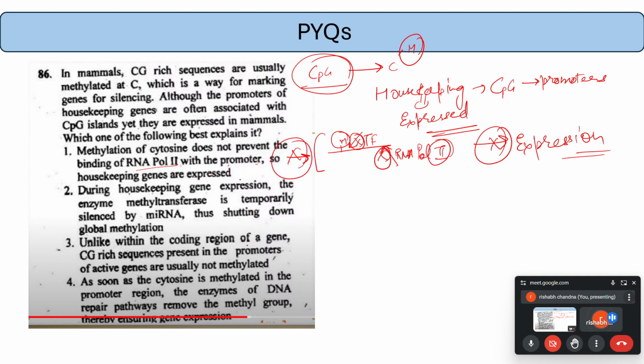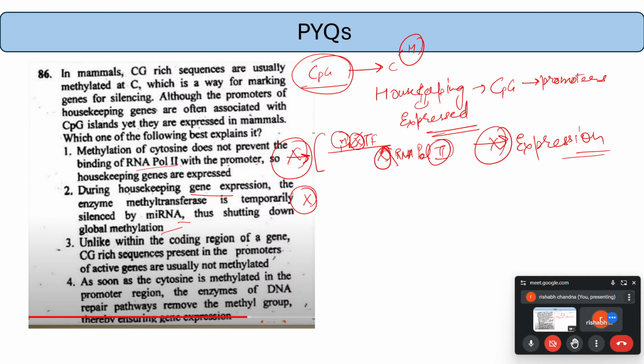Then during housekeeping gene expression, the enzyme methyltransferase is temporarily silenced by the microRNA, thus shutting down the global methylation. So this is also not correct, because only the housekeeping gene expression is being regulated. Okay, the other gene expression is also being regulated like this only.